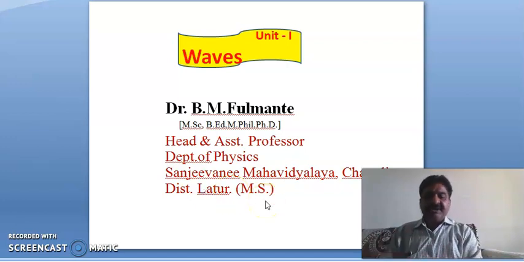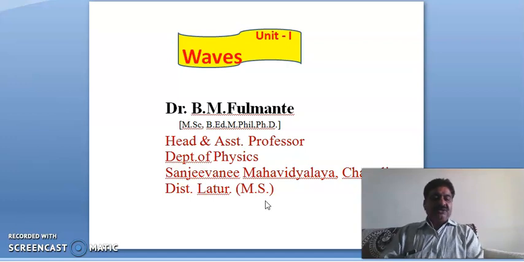In case of a single particle performing SHM, it is to be noted that if kinetic energy at a particular position is maximum, then at the same position potential energy is minimum and vice versa.